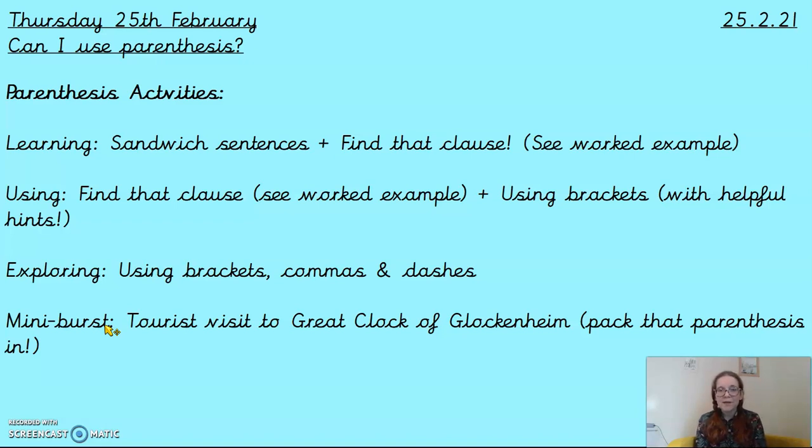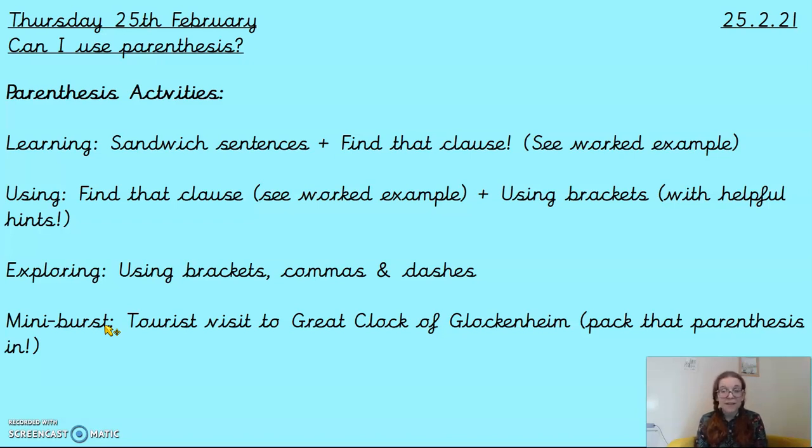Okay, your mini burst today is going to be a tourist visit to the great clock of Glockenheim. And I want you to really pack that parenthesis in. I want to read so many parentheses in your mini burst that I cannot wait to go and visit the great clock of Glockenheim myself. So you are going to be describing that brilliant clock.